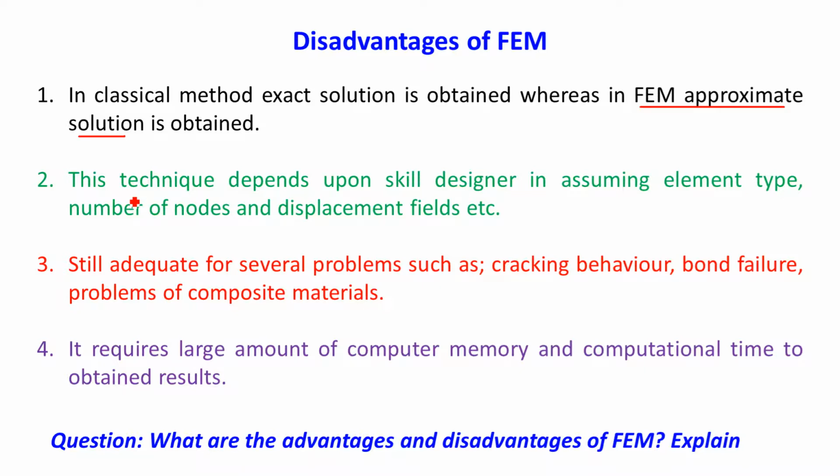And the last disadvantage of FEM is, since the finite element method is a computer oriented method of analysis, half of the solution can be done manually, but for the complete solution of the problem it is mandatory to take the help of a computer, because we have to prepare the computer program and only then will we get the solution by using the finite element method.